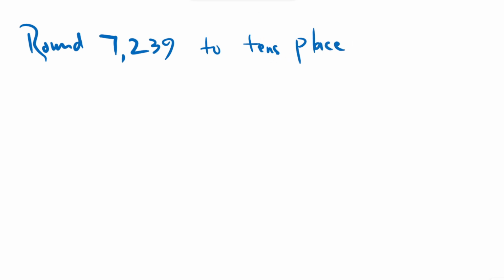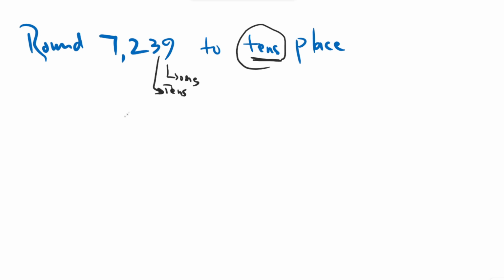The tens place is our keyword here. Let's find what digit is at the tens place. These are the ones, we get the ones here, and here we get the tens place.